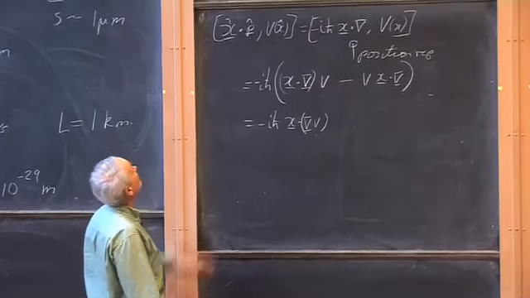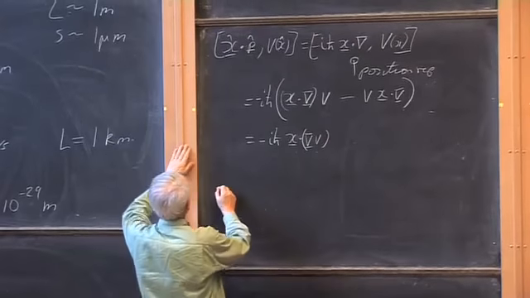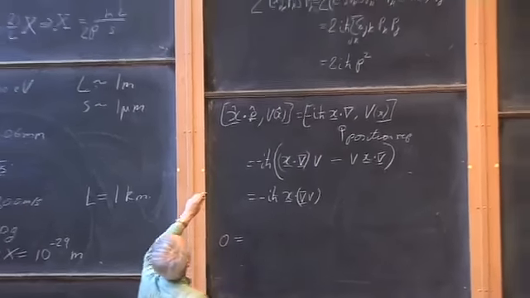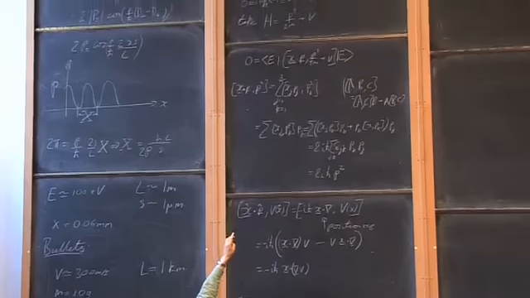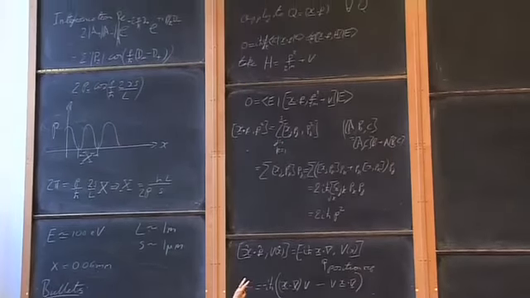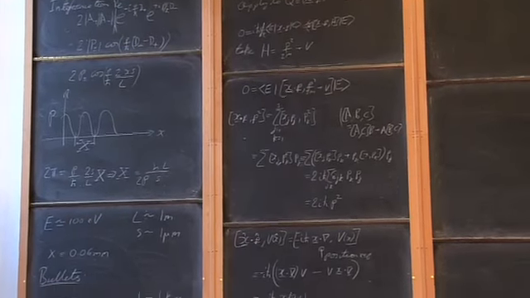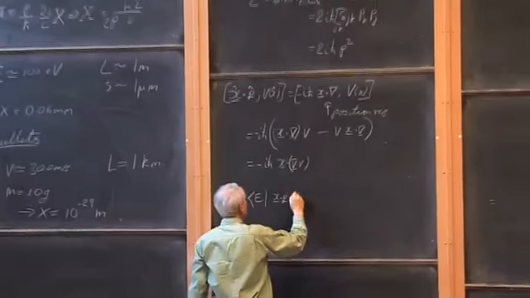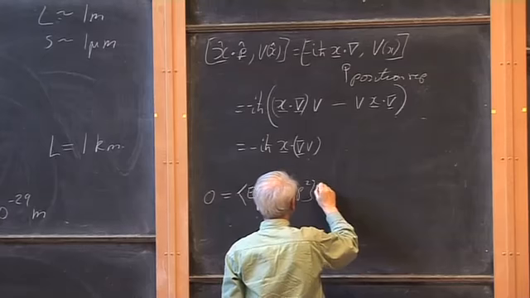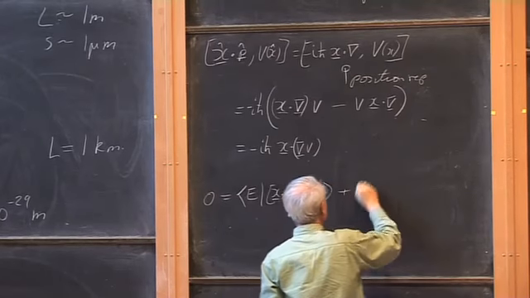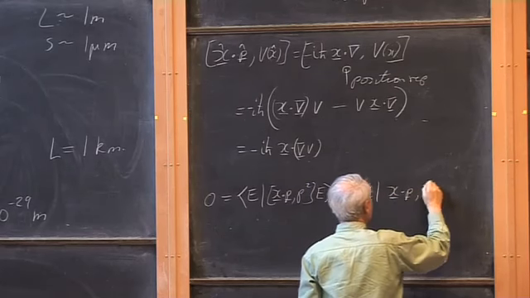So we can put these results back into what we had up there. So what we had was naught is equal to the sum of these commutators, which is x dot p comma p squared, plus x dot p comma v.